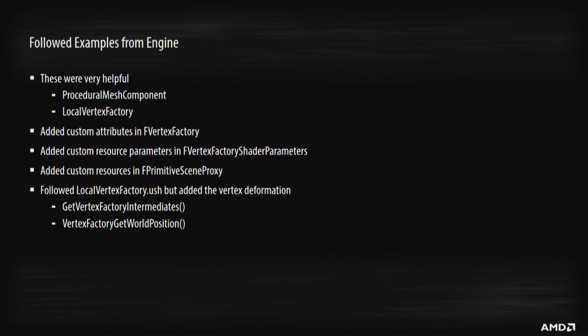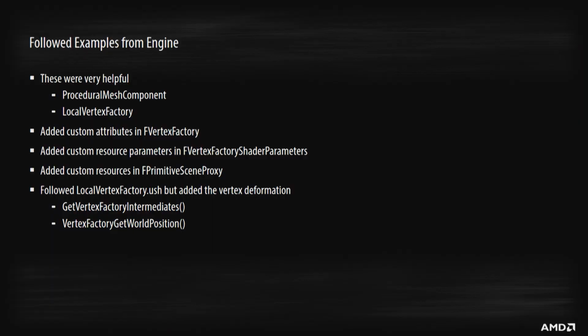The examples that I showed there, procedural mesh component and the local vertex factory, are implementations of these classes, mesh component and vertex factory, that were in the engine. They were very helpful because they provided an example that was close enough to what we were trying to do that we could basically just start with them and make modifications and get the behavior we were looking for.